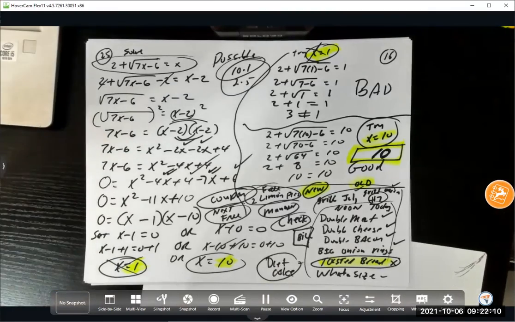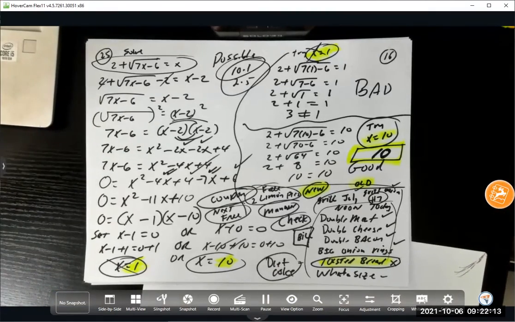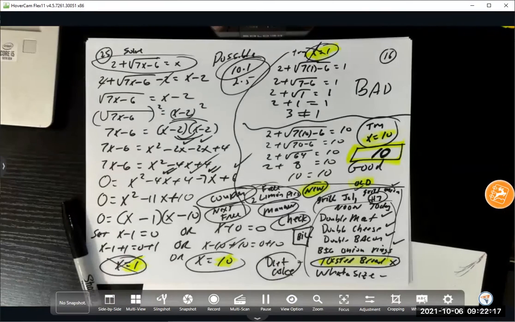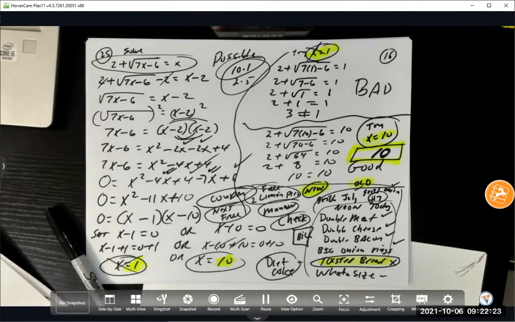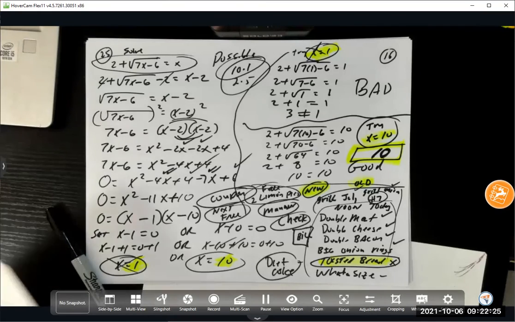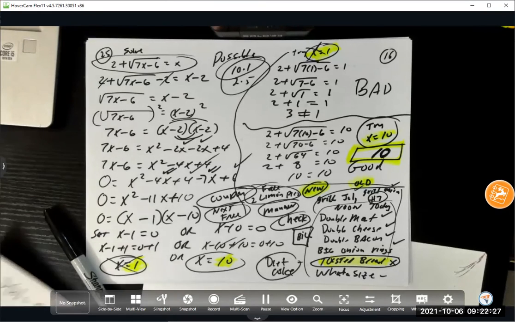All right, so now that was number 25. What that means is you should be able to do my papers. Hang on a second. Papers here.